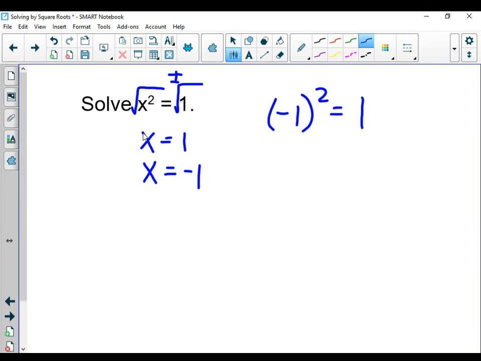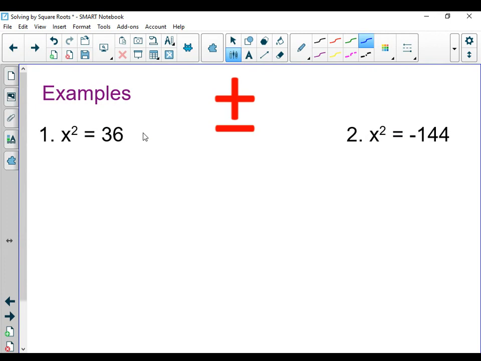If the square root is already in the problem, you don't put a plus or minus there. But if you put that square root there, you have to put a plus or minus. Because then I can say, square root of 1 is 1, but I have plus or minus, so that's how I get my plus or minus. We want those two solutions on all these answers.